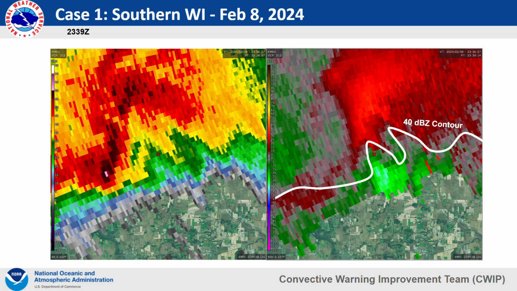Here is the 40 dBz contour of reflectivity from the left pane overlaid on velocity on the right-hand pane, the storm relative velocity. And you can see what you might consider that couplet region is a bit broad and a bit ahead of the higher reflectivity. So we might actually be sampling inflow into the storm in this region, whereas the area of broader outbounds could be the left flank velocity enhancement.